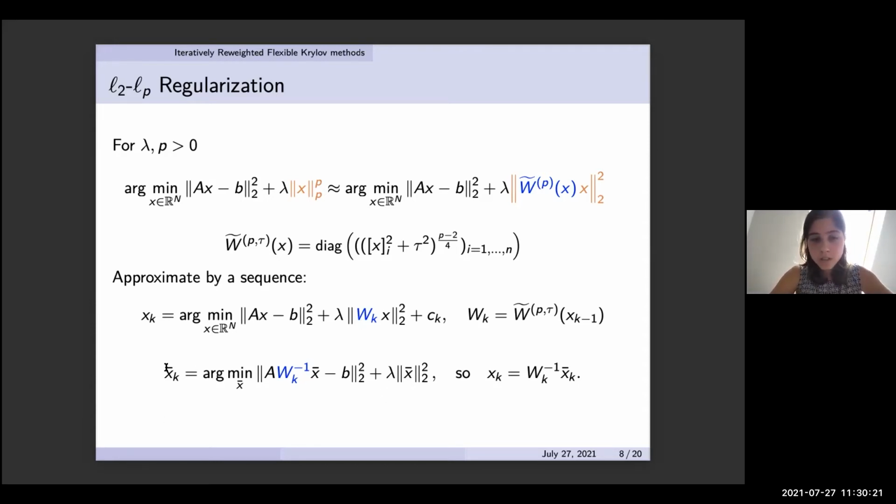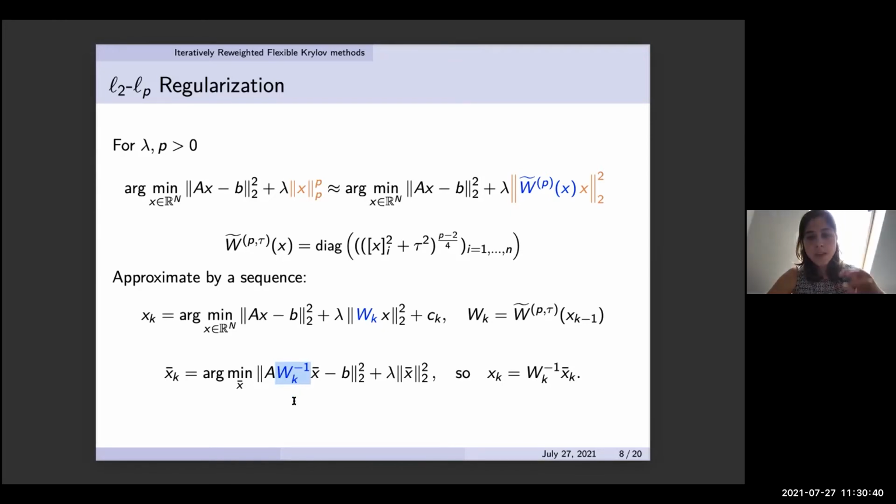But what is interesting is that once you see something like that, you can think: actually, there are some techniques to solve Krylov methods for preconditioned systems. The only thing that is different in this case is that this preconditioning changes at each iteration.